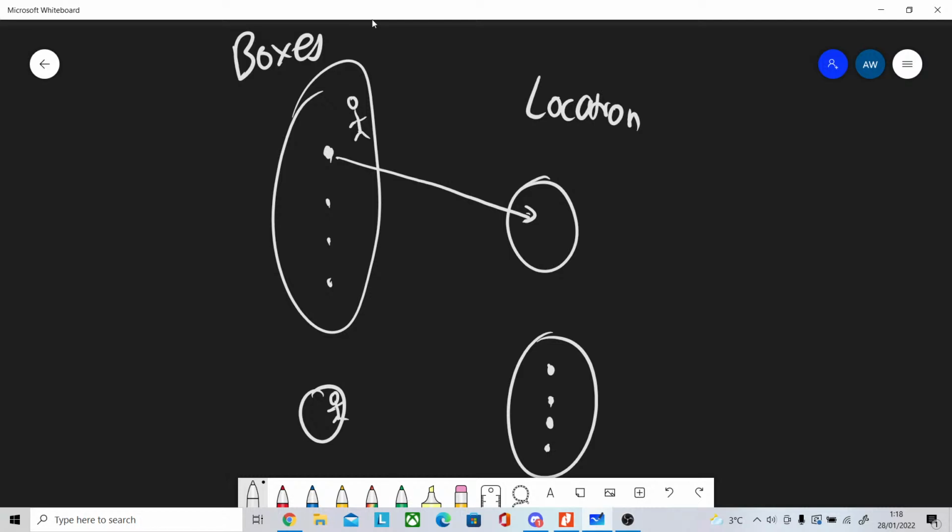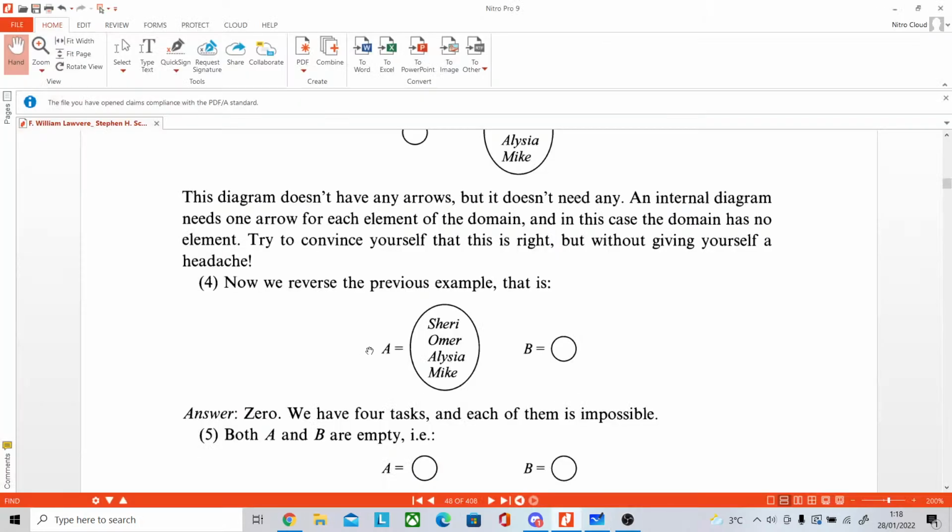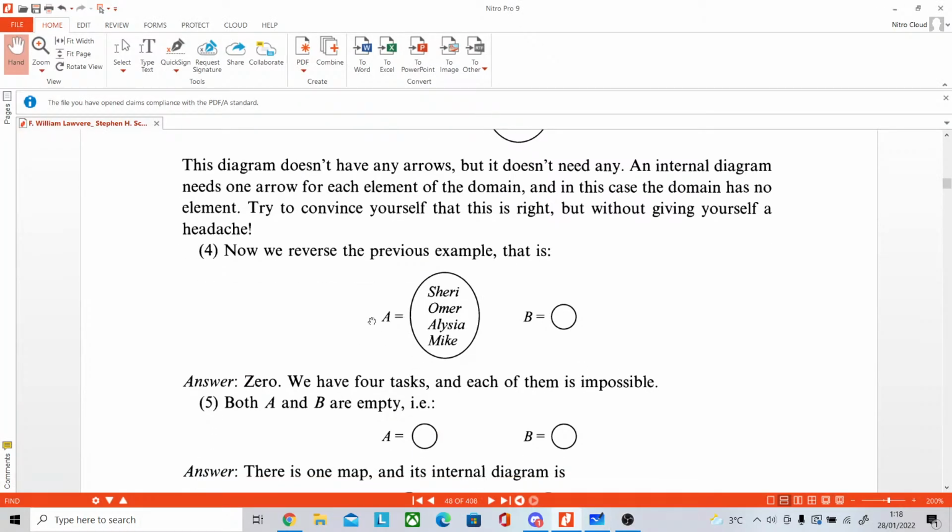That's fine. But over here is a no-go, because you actually have a job to do, a task that you can't execute. So there is no mapping. Each of them is impossible. I think that's what it means.